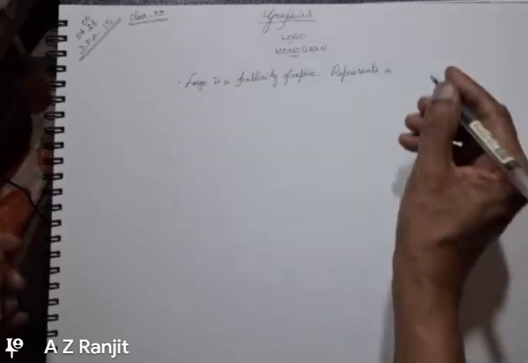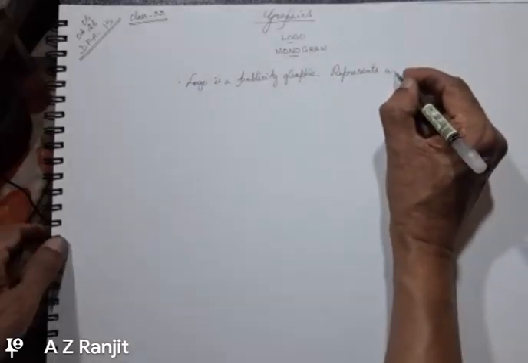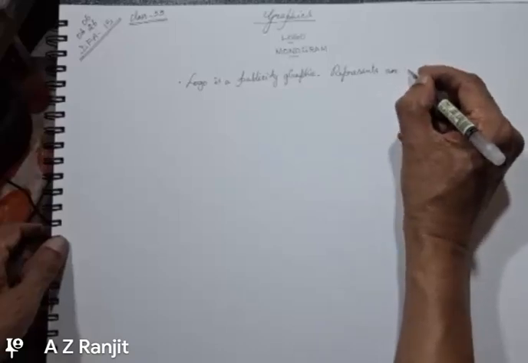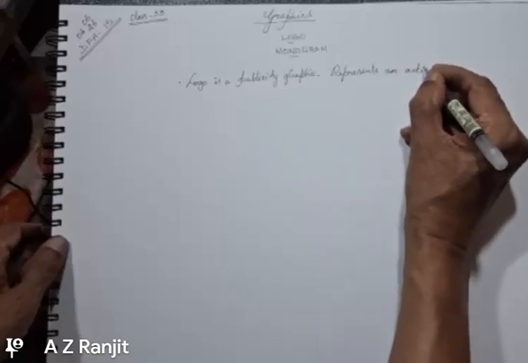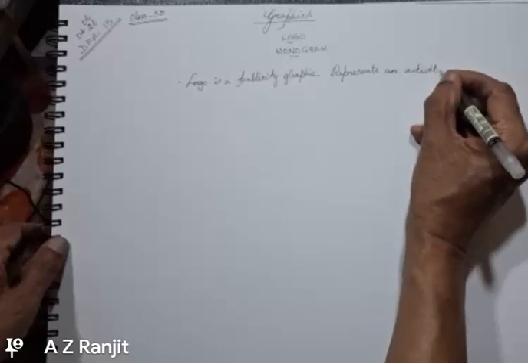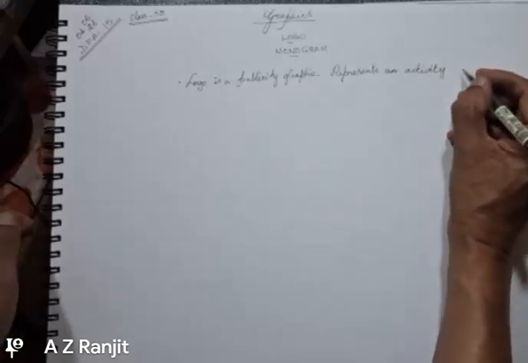It can be anything. It can be a football club. It can be an art school. It can be a masala manufacturing company, or it can be a temple. Represents an activity in a very condensed manner. It has to be condensed.